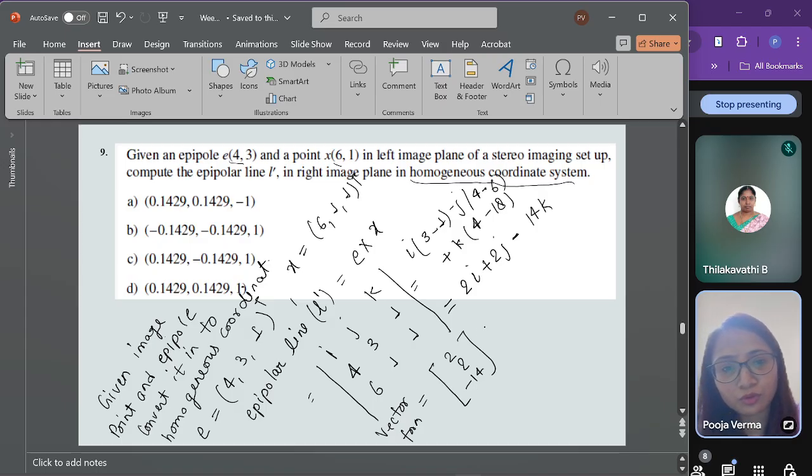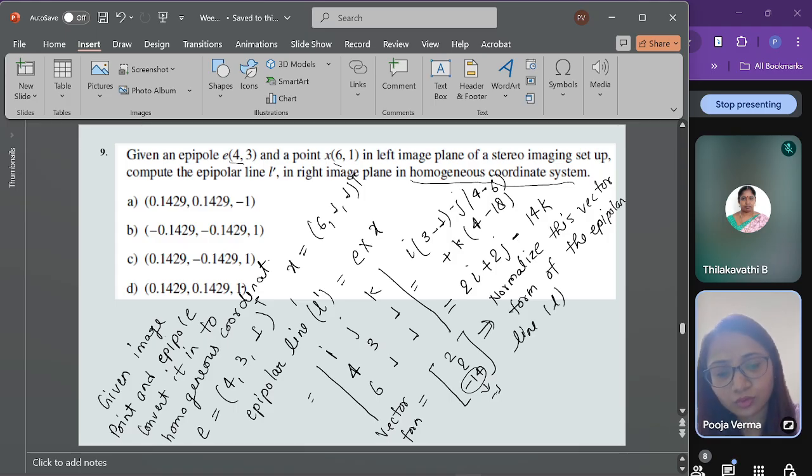Now to normalize this vector form of the epipolar line L dash, already we know that in the homogeneous coordinates the last one would always be 1. So we can represent 2 by minus 14, here also 2 by minus 14, into 1 transpose.